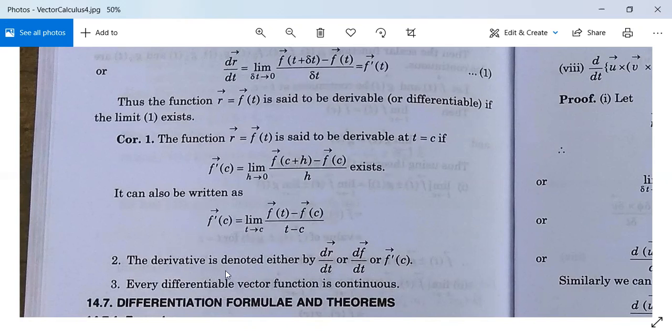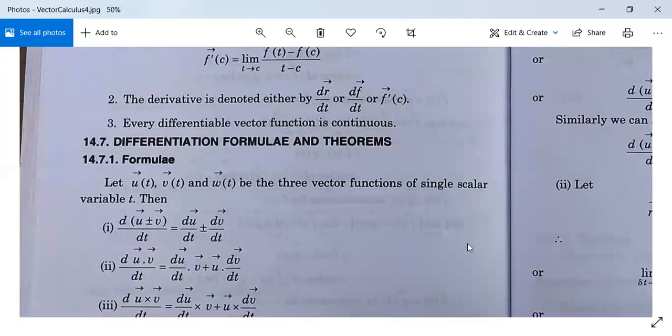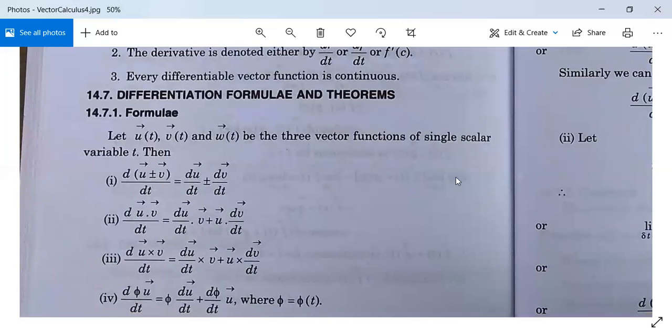Second, the derivative is denoted either by dr by dt or df by dt or f dash c, because r is your f(t) and df by dt is our f dash c at t equal to c. Third, every differentiable vector function is continuous. Just as in the scalar case, the same thing holds in the vector case.